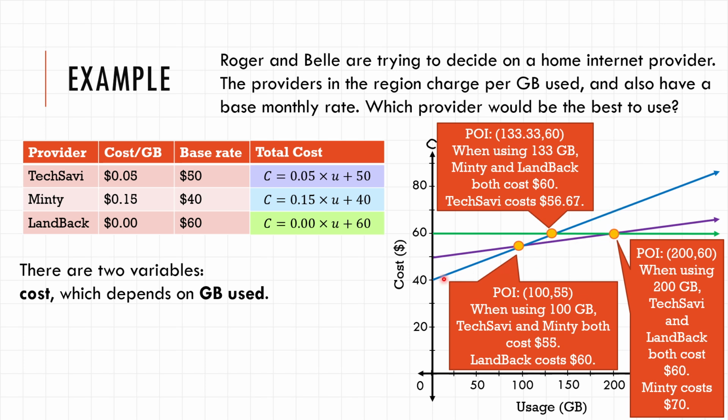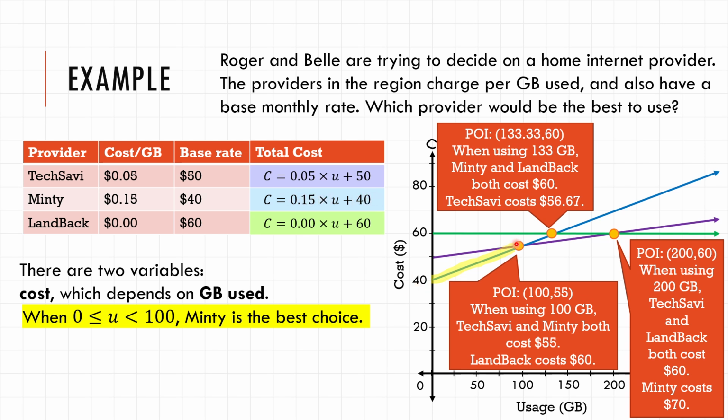Okay? So this is how points of intersection will help us figure out which is the best internet provider for us. What Roger and Bell can do is look at their usage. How many gigabytes do they use every month? Well, if their usage is between 0 and 100, the line that has the lowest C values is going to be Minty, because it starts off at the lowest base rate and it increases.